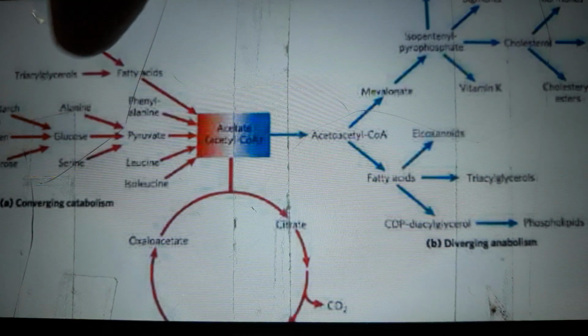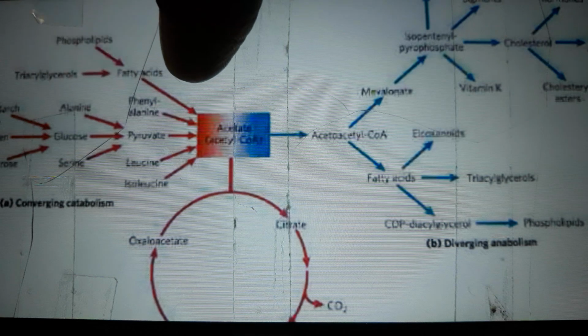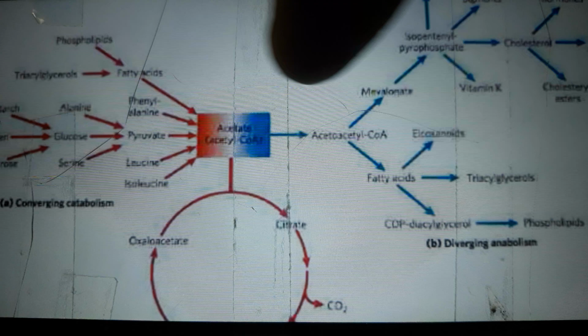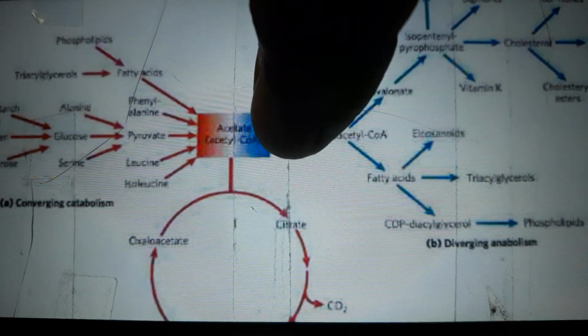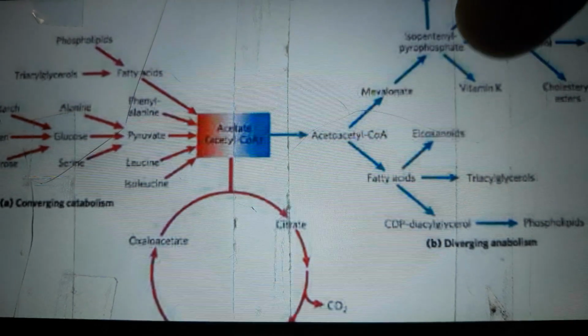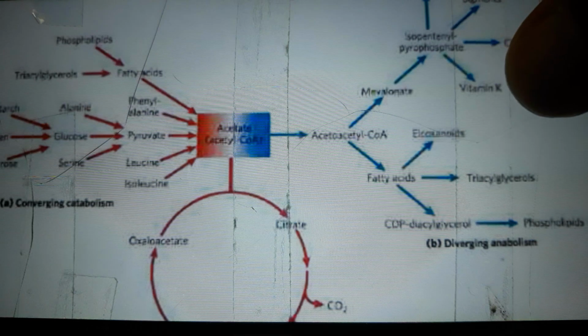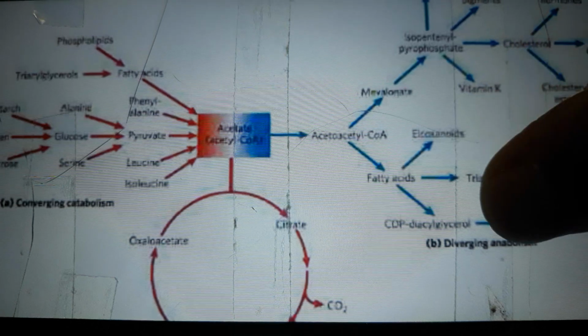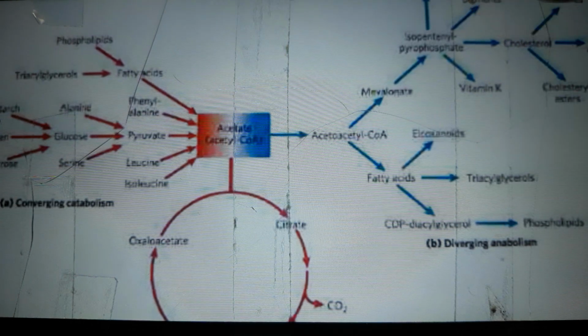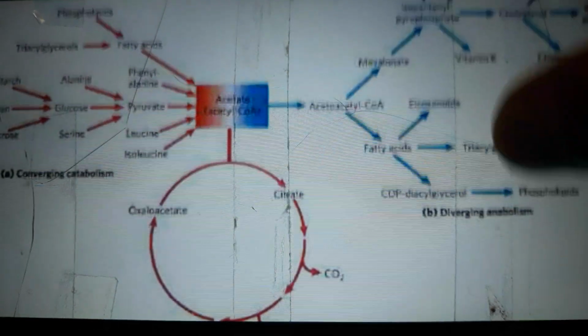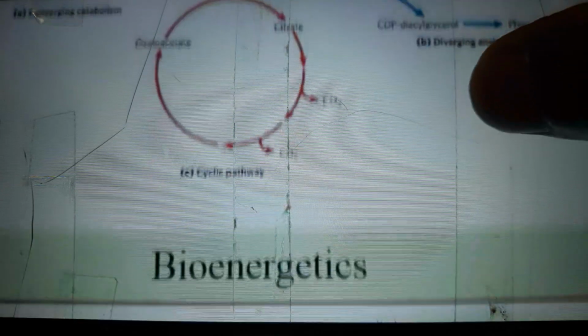And here the phospholipids and triacylglycerols go into fatty acids, and if you add phenylalanine, pyruvate, leucine, and isoleucine, they get converted to acetyl-CoA, which then gives acetoacetyl-CoA, and in one form it releases malonate, isopentenyl pyrophosphate, rubber, keratin pigments, etc. And you can see the diverging anabolism, the cyclic pathway, right?